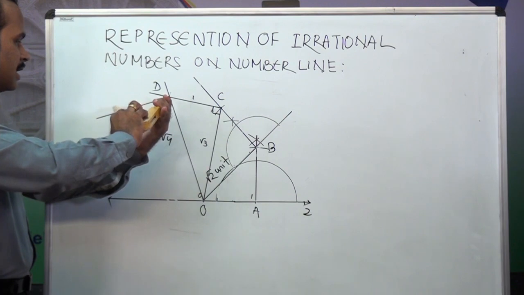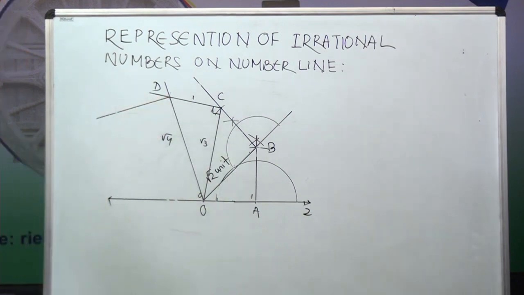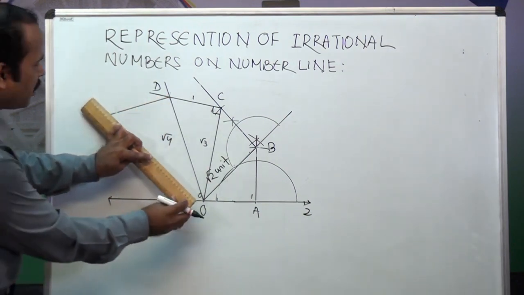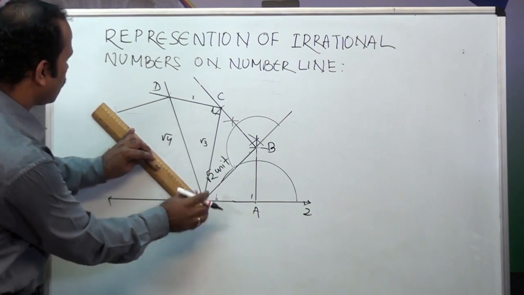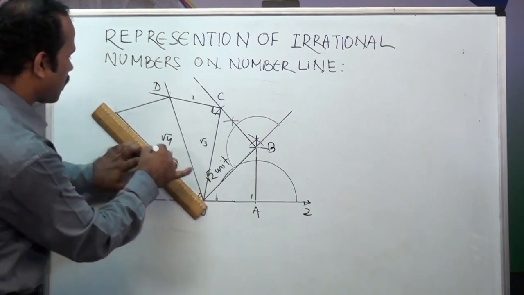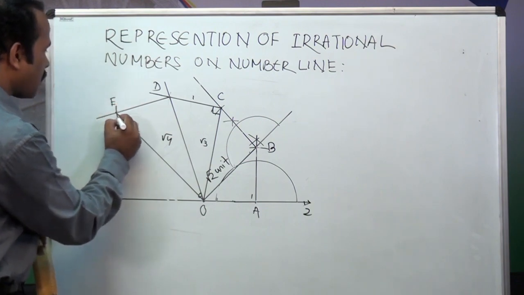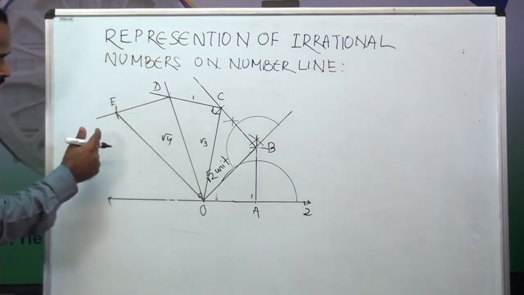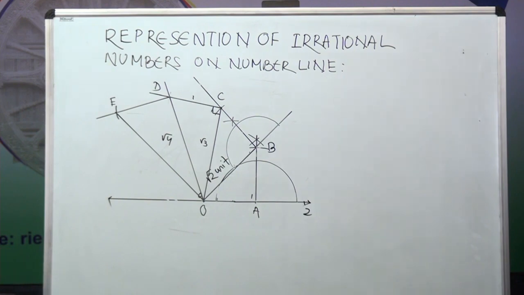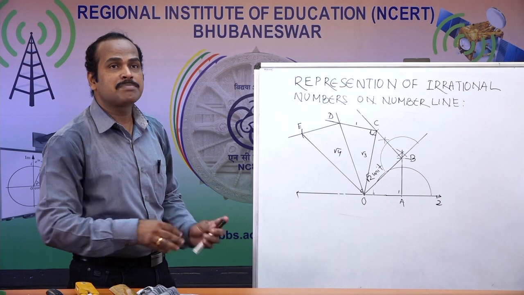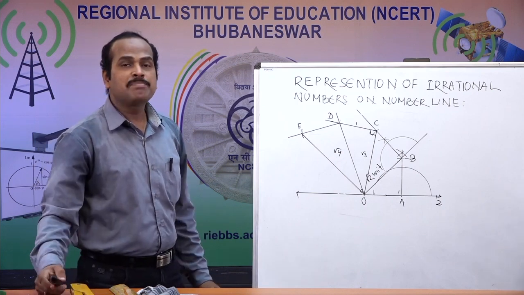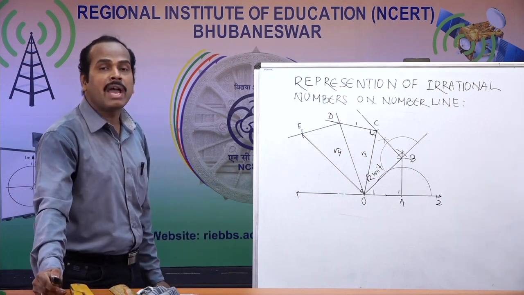If I select the same length of 1 unit at every point, I will find the next line is E. Joining E, this point is E, suppose. So if I go on continuing in this process, I will find there is a spiral. That spiral is called the square root spiral.